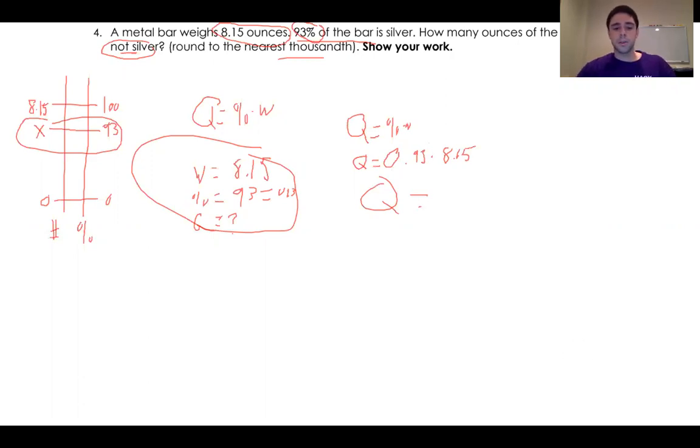What is our quantity or X going to be? So our calculators, what do we think it's going to be?